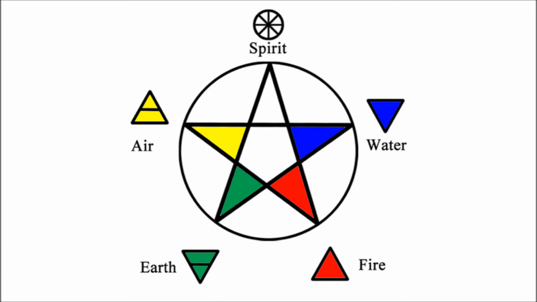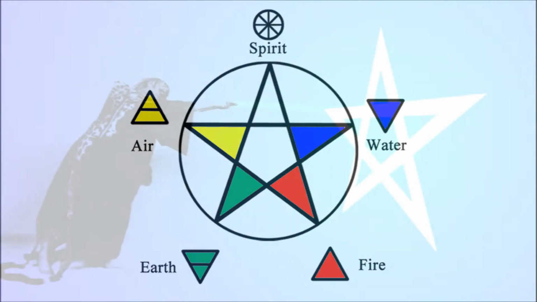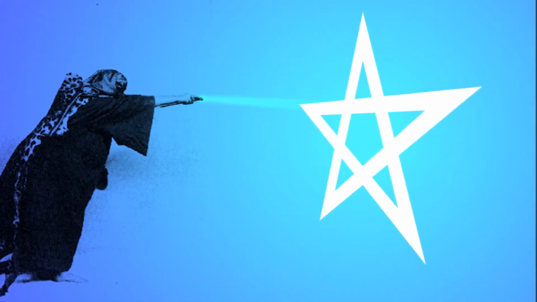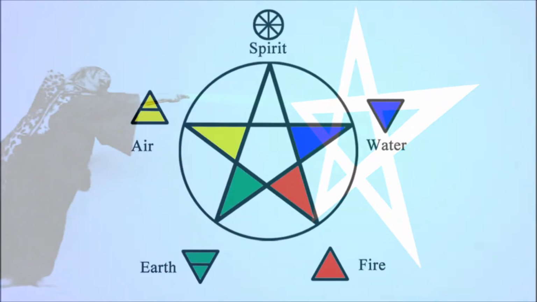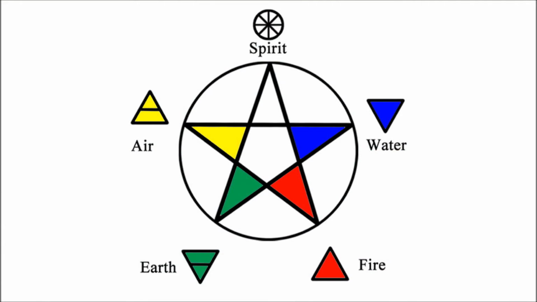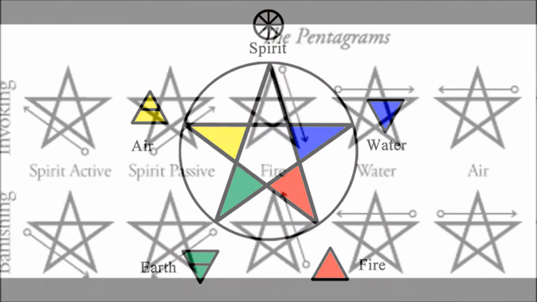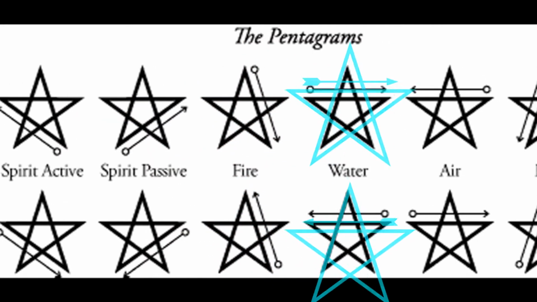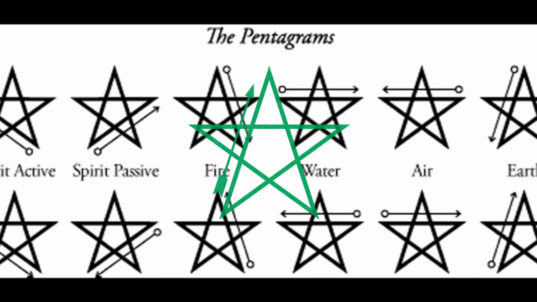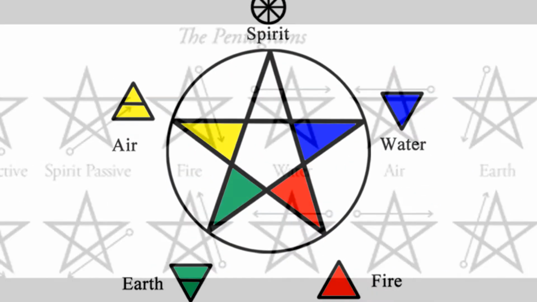Meaning, when you are projecting in, you are drawing your shapes as you are casting your circle. The way that you draw them is based on what operation you're doing. Are you banishing or are you invoking? Are you banishing fire? Every way you can draw this is a different pentacle. So you don't need to worry about that now. Just worry about the configuration.